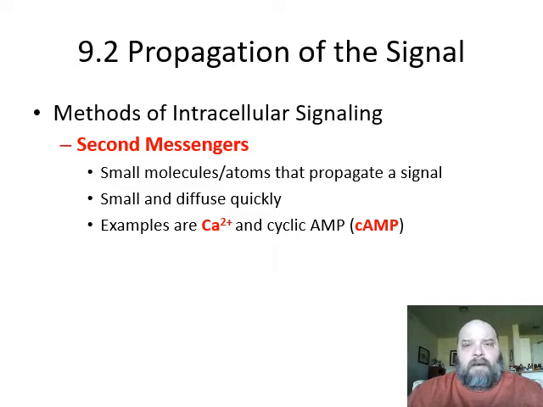Remember the ER, the smooth ER, one of its jobs is storage. One of the things it stores is calcium. The sarcoplasmic reticulum within your muscles, in your muscle fibers and muscle cells, is where calcium is stored.